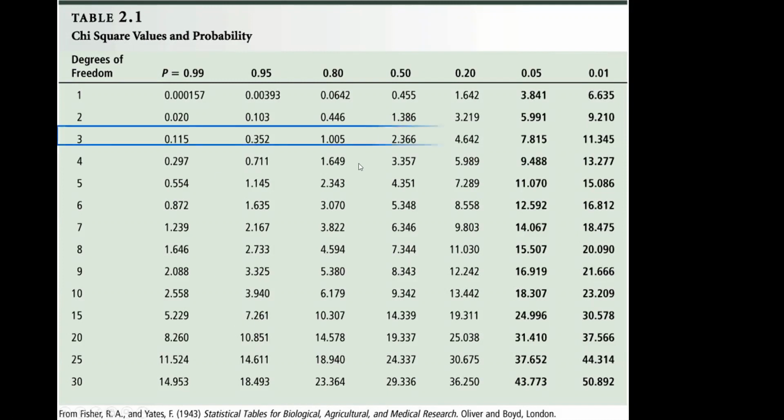So our chi-square value is somewhere there, right? So what that means is the likelihood of that amount of variance, that's the amount of variance we saw, how likely is it that that would occur? Somewhere between 50 and 80%, actually a lot closer to 80%.